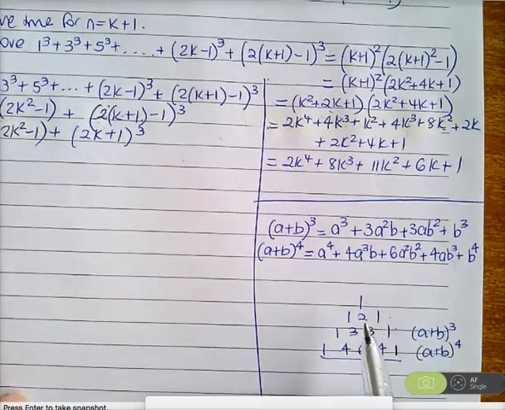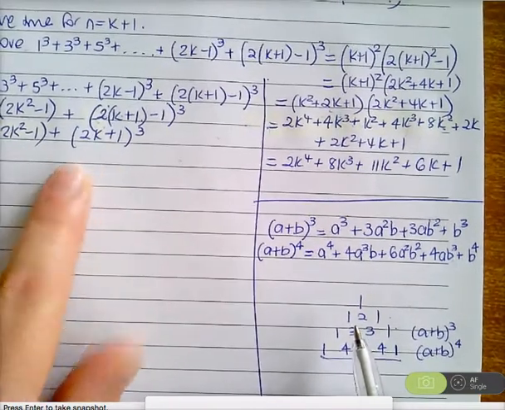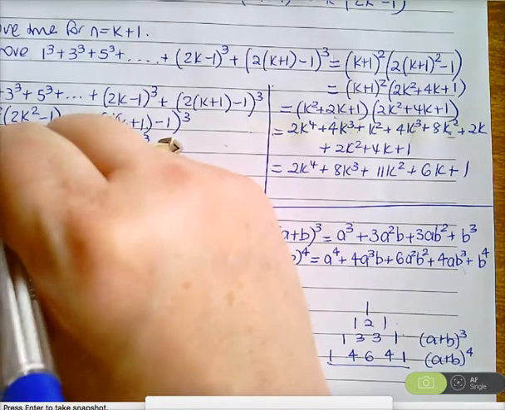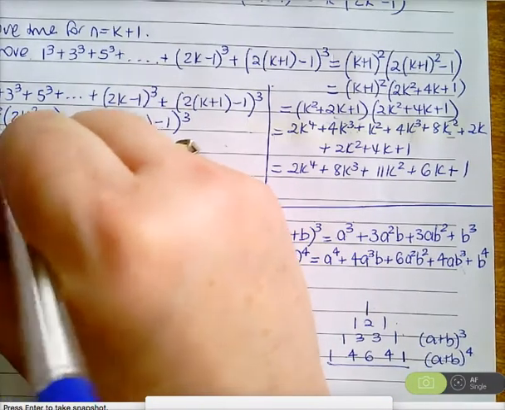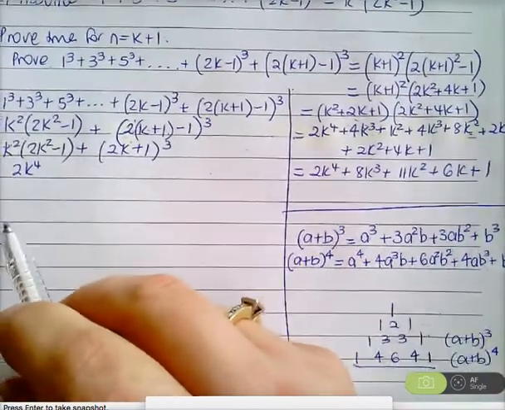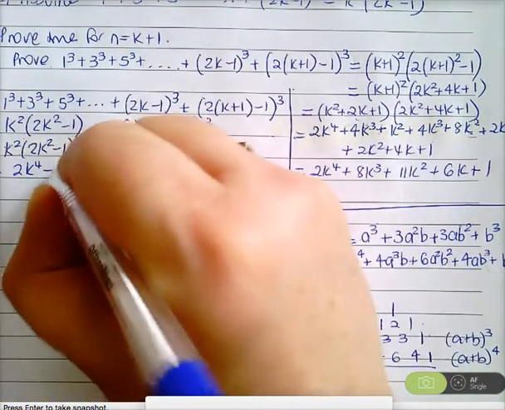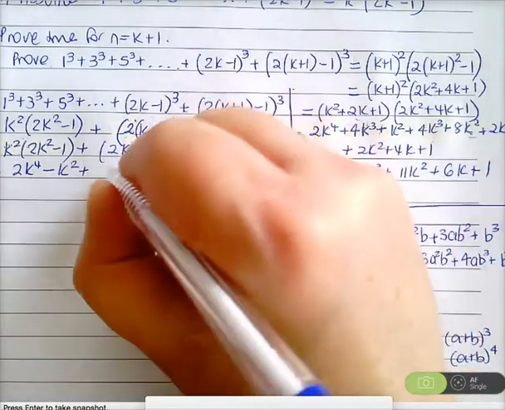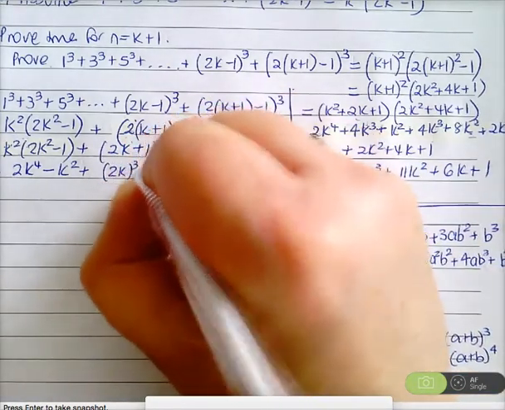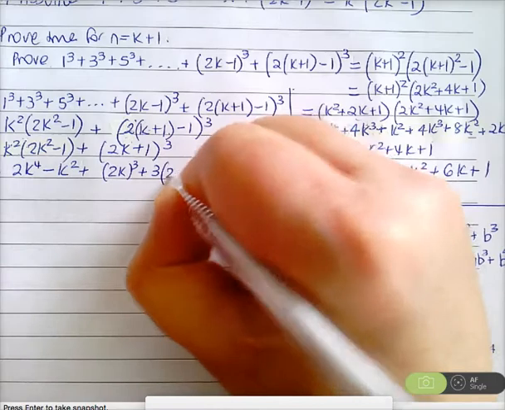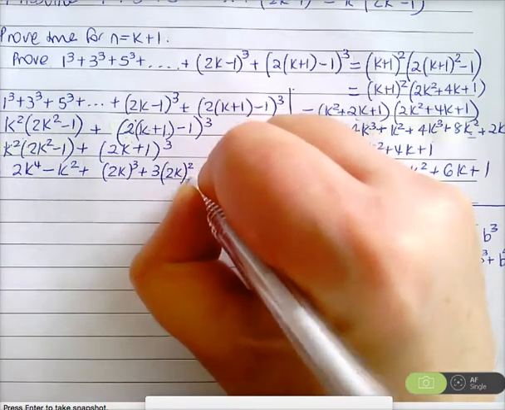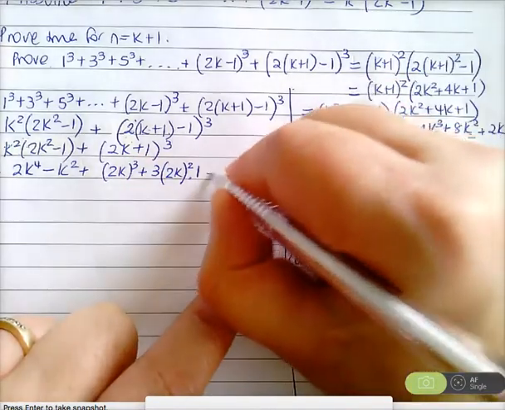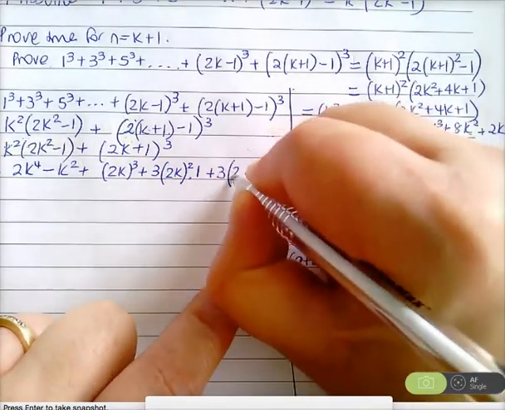Now, that way we can expand this over here. All right, so we've got 2k to the 4, because I've got to multiply it by the k squared there. 2k to the 4 minus k squared plus. Now, according to this expansion, the first one's cubed plus 3 times the second one. You drop a power of 1, introduce 1 of the other. Then we've got a 3 in front again.